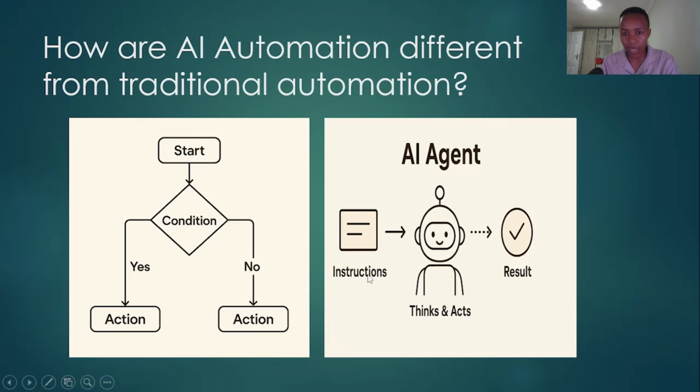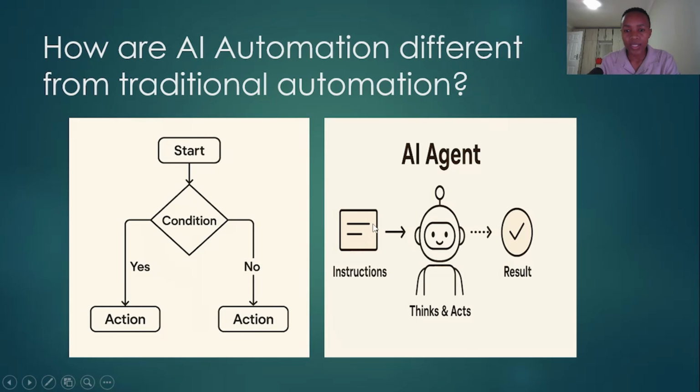So this is the basic traditional automation. And then we have your AI agent, so this is AI automation. What happens? You send your instructions. Let's say you want to ask about a certain product in an online store.